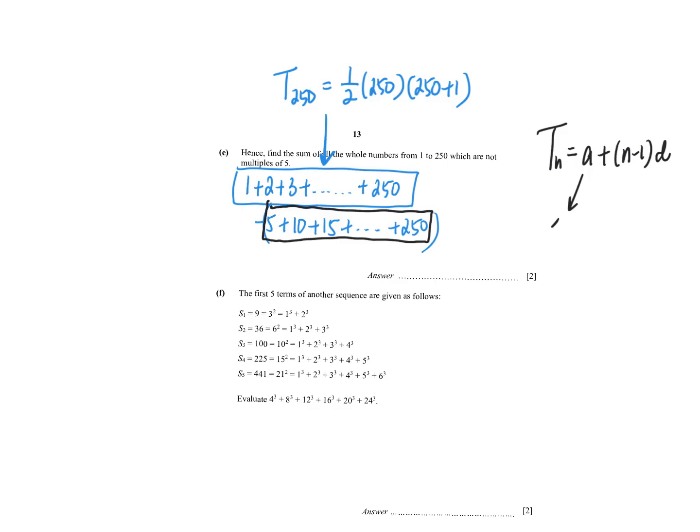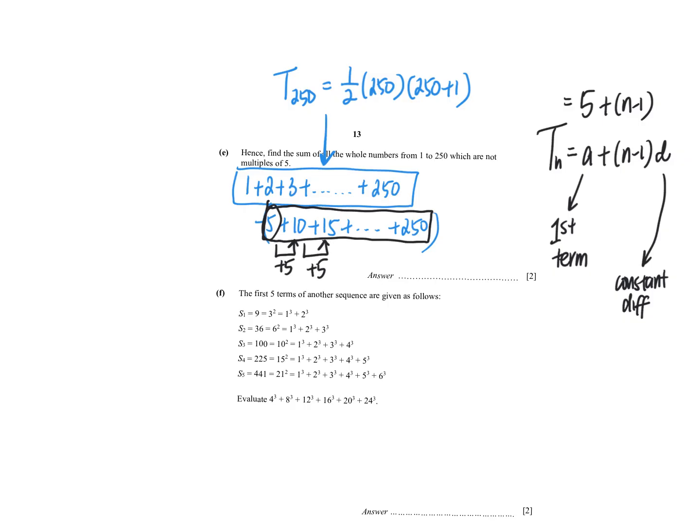A is the first term. Where do you get this from? This one you learned in lower secondary, right? The general formula. D is the constant difference, the difference between the terms. So the first term is 5, and the constant difference is always 5.